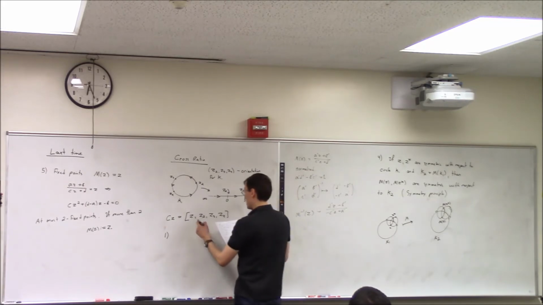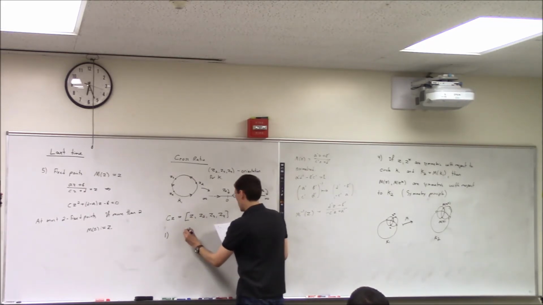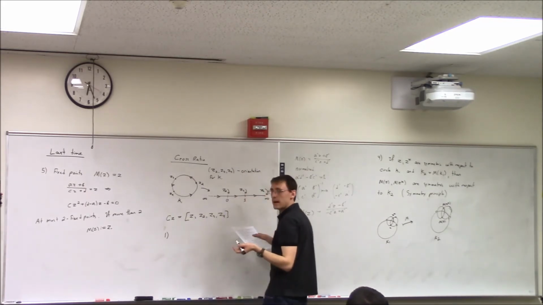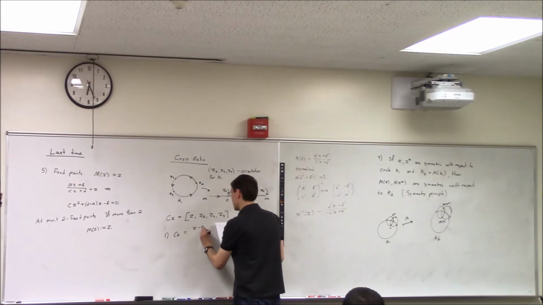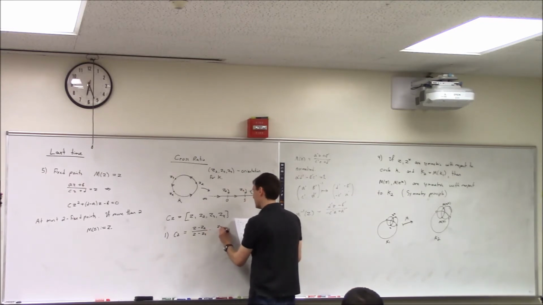You see, Z2 is mapped to 0, Z3 is mapped to 1, and Z4 is mapped to infinity. So C of Z is Z minus Z2 over Z minus Z4 times Z3 minus Z4 over Z3 minus Z2.